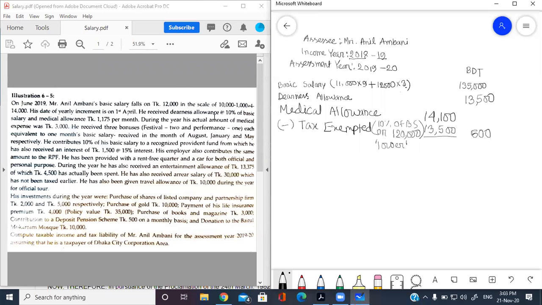During the year, his actual amount of medical expense was taka 3,000. Can anyone tell me whether this information is irrelevant here or relevant here? Sir, irrelevant because of the expense sector, sir. Okay. Can anyone tell me in what kind of allowance this actual amount of expense is relevant information?